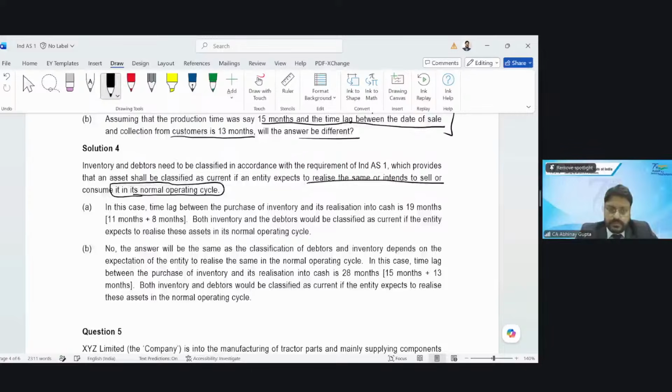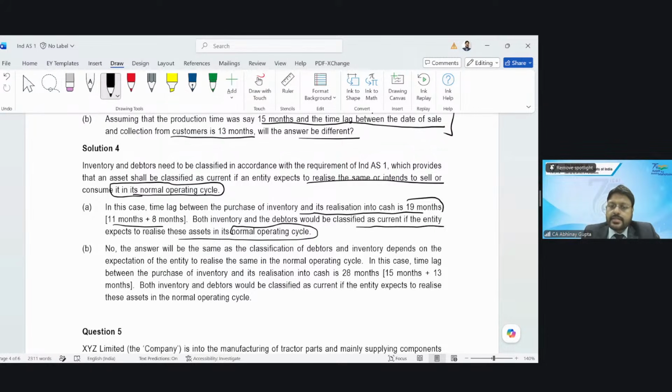Now, under scenario one, the time lag between the purchase of the inventory and its realization into cash is 19 months. That is 11 months plus 8 months, right? Both inventory and debtors should be classified as current if the entity expects to realize these assets in its normal operating cycle.